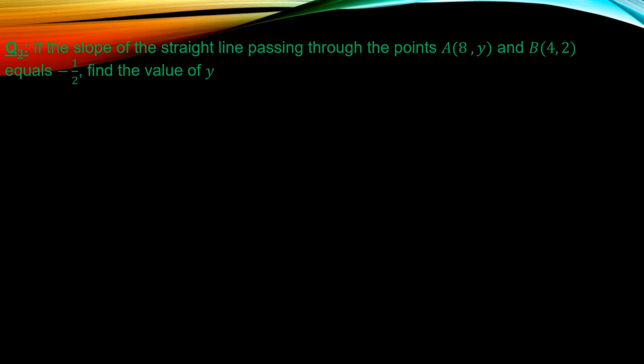Question 3. If the slope of the straight line passing through the point A (8, y) and the point B (4, 2) equals -half, find the value of y. Here in this question, they gave me the slope and one variable in the point A. Let's see how we can solve it.